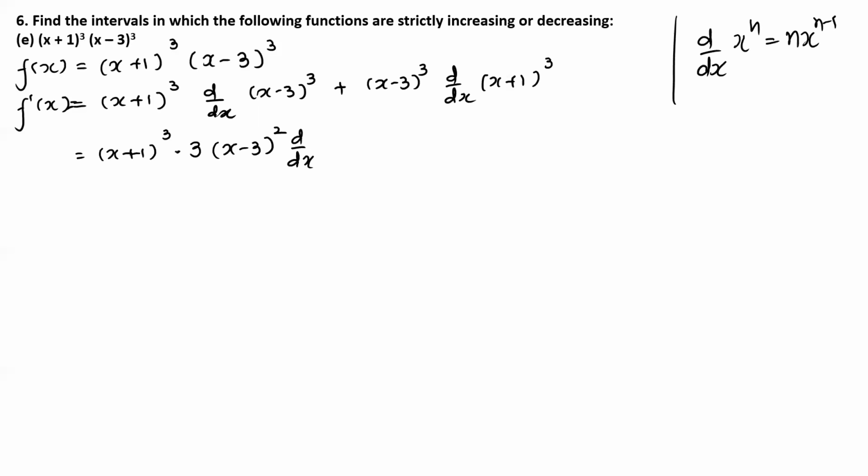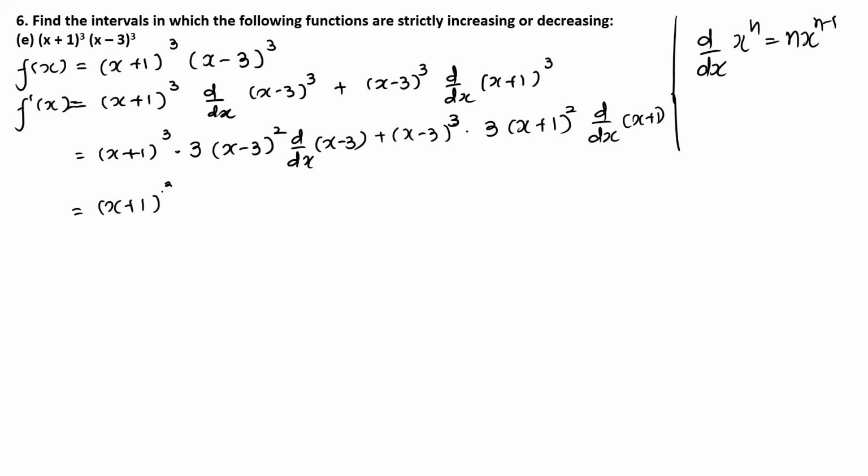Here it was 3, but x was not x, it was x minus 3. When it is not x but something else, the chain rule should be applied. So again, the power rule, and then the chain rule.